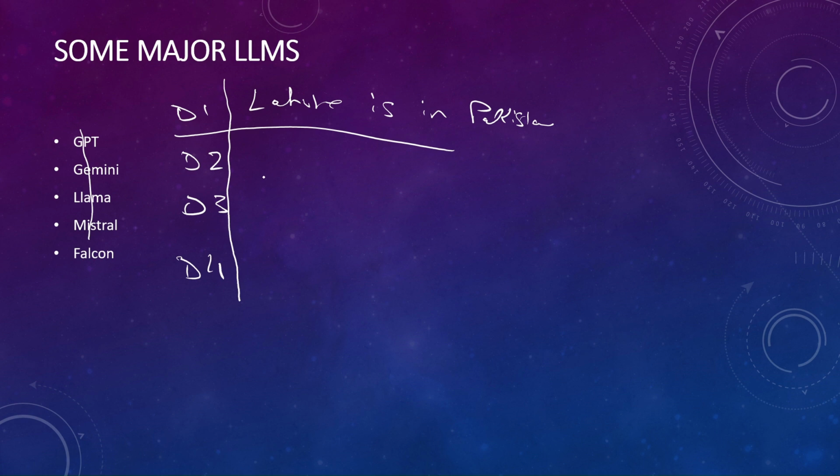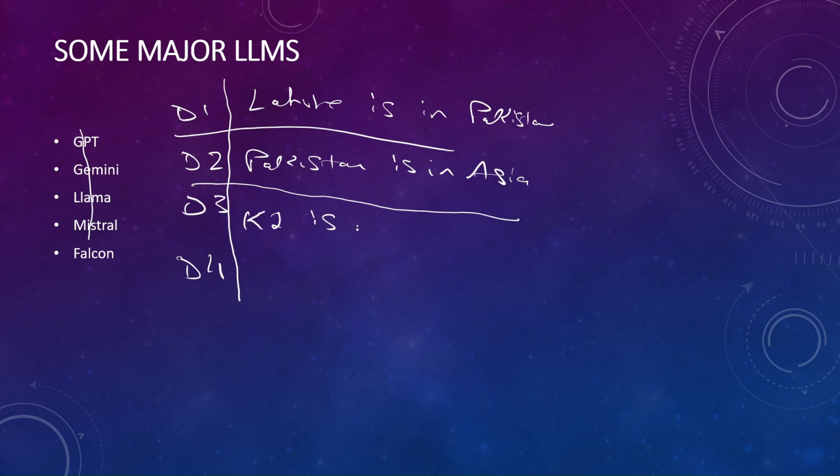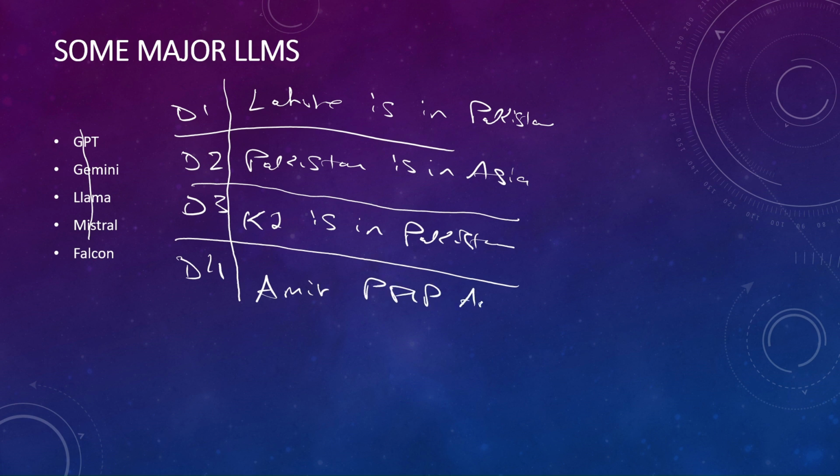The second prompt is "Pakistan is in Asia." The third prompt is "K2 mountain is in Pakistan." And the last one is "Amir PMP Amir." Let's say these are the prompts that we have.